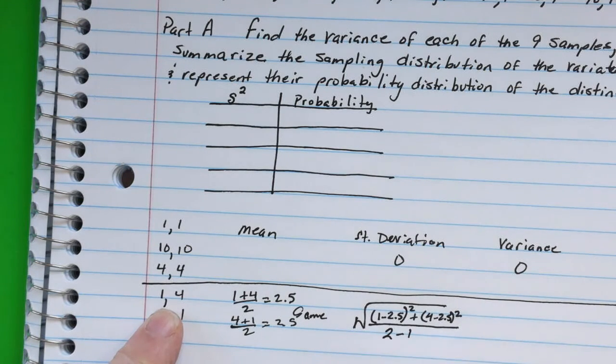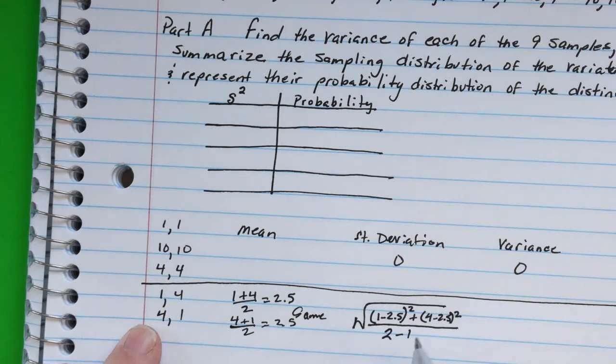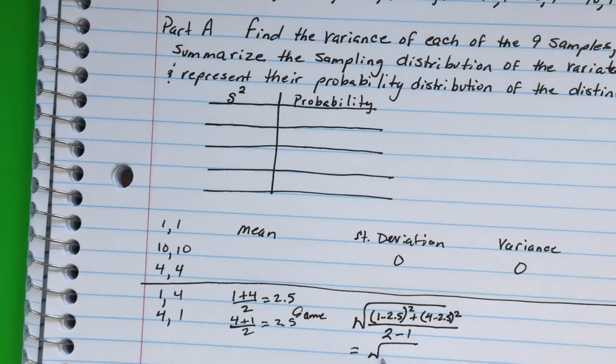And you're going to take the square root of all of that. Notice that the same standard deviation is true for either 1 and 4 or 4 and 1. So this works out to be the square root of 4.5, which is approximately 2.121.